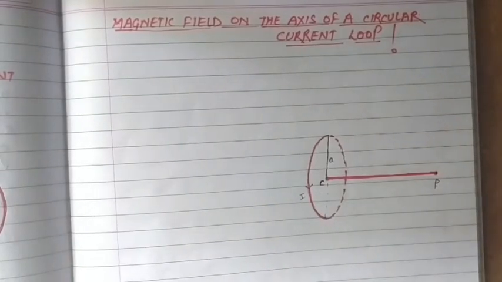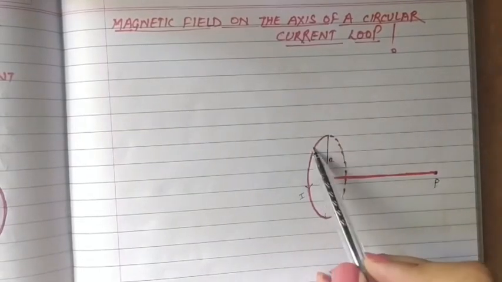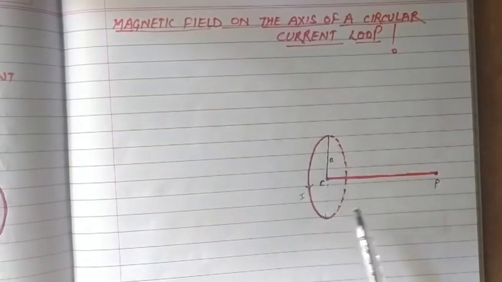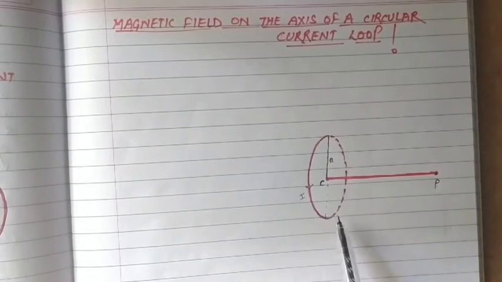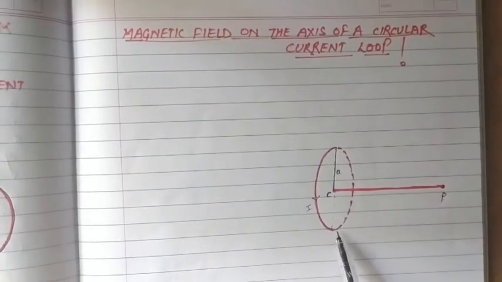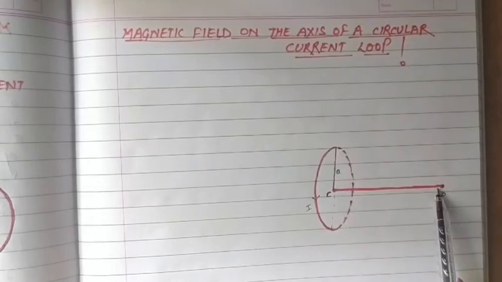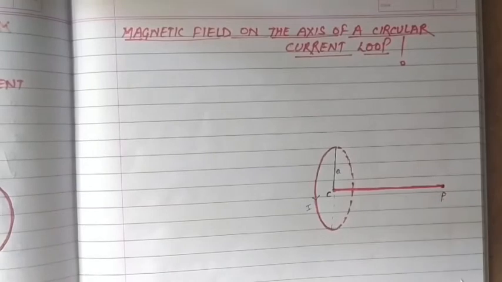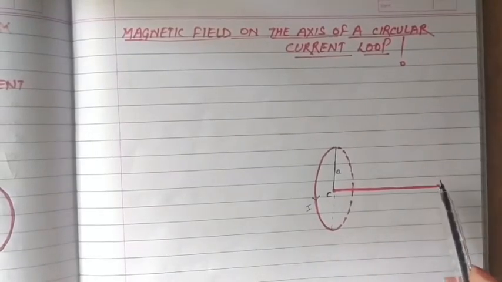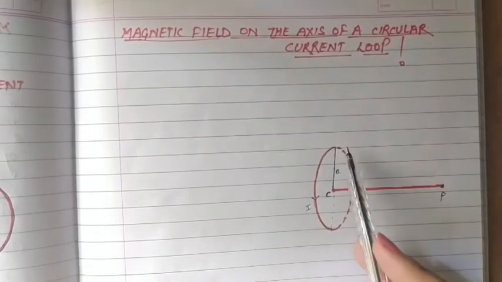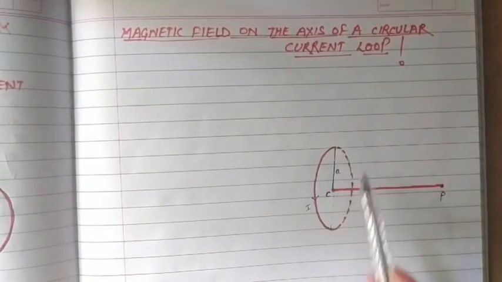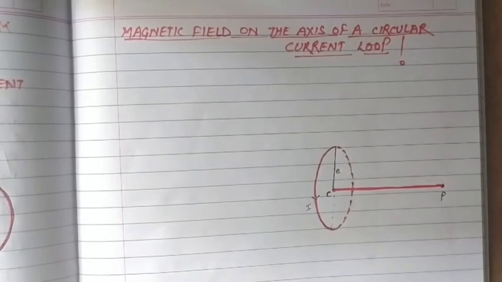According to the Biot-Savart law, the procedure is to divide the loop into different segments, consider one segment, which we call a current element, and find the magnetic field at point P because of that single current element. After that we integrate that magnetic field over the whole loop.